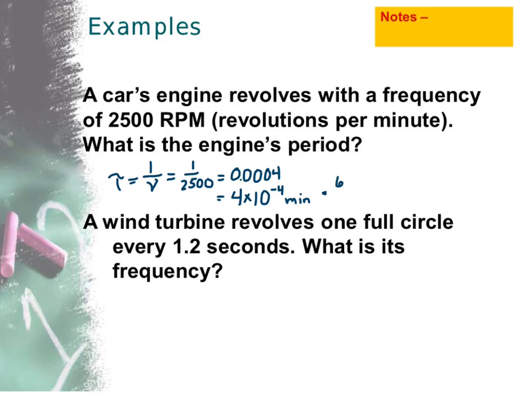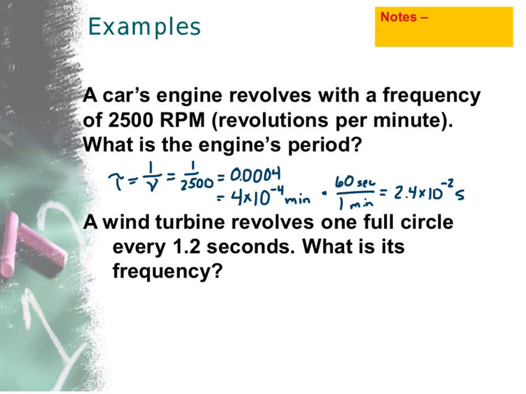So we have 60 seconds in 1 minute. And if I were to multiply this number times 60, I would get 2.4 times 10 to the negative 2 seconds. At least I hope I'm doing my mental math correctly. I believe I am.